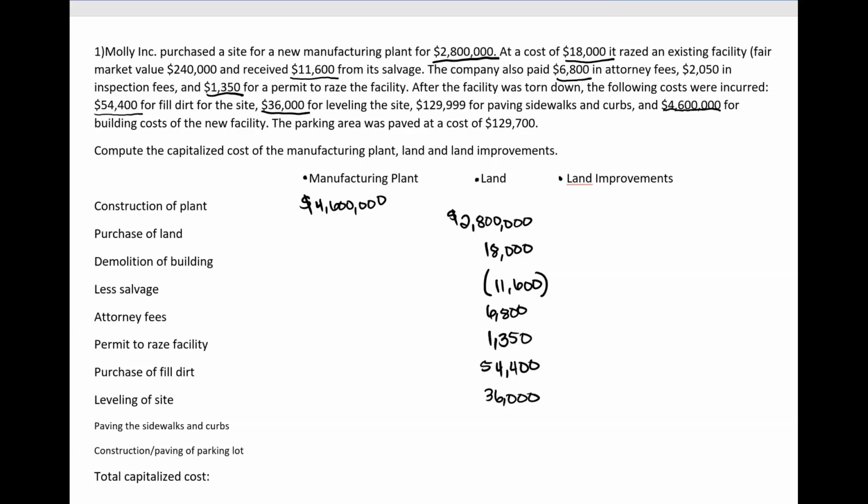Paving the sidewalks and curbs was $129,000. Paving the parking lot was $129,700. And that is considered land improvements. Oh, wait.